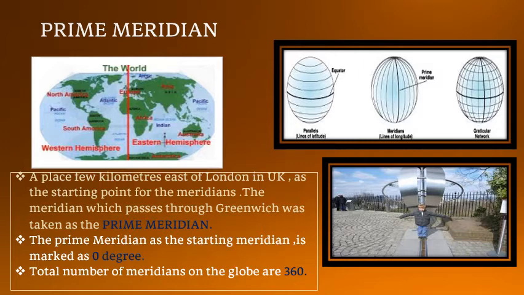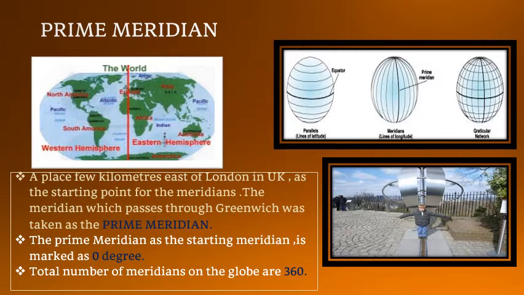The total number of meridians on the globe is 360. These are written as 0 degree to 180 degree east and 0 degree to 180 degree west.